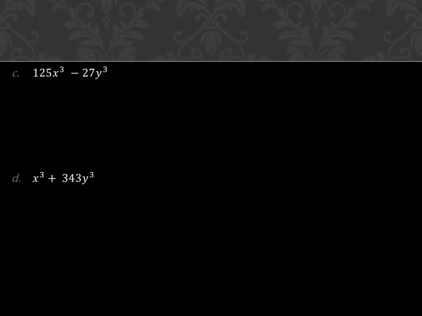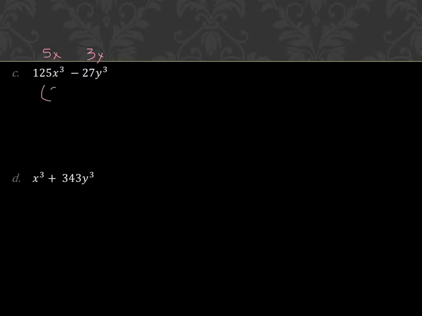C is 125x cubed minus 27y cubed. So that's a binomial, and it's a difference of two perfect cubes. So the cube root of 125x cubed is 5x, and of 27y cubed is 3y.